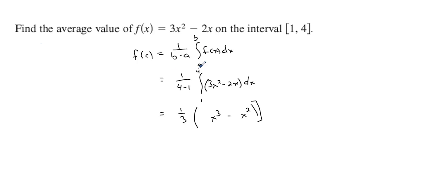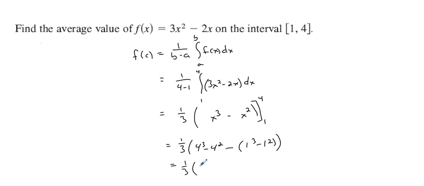Yeah, this is a definite integral we're working with, right? We're evaluating. So 1 to 4. Okay, 1/3. Would that be 4 cubed minus 4 squared, minus, begin another parentheses, 1 cubed minus 1 squared. So 1/3 of. Ooh. I always double my 16s.